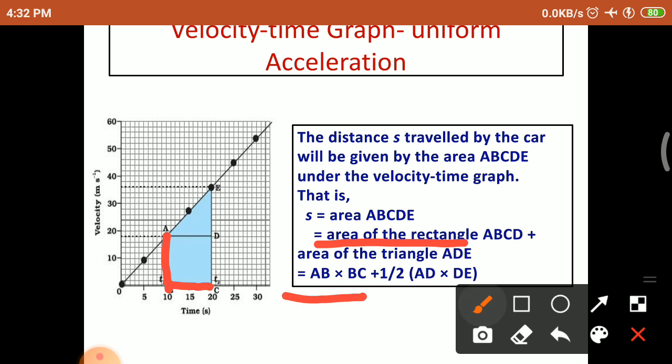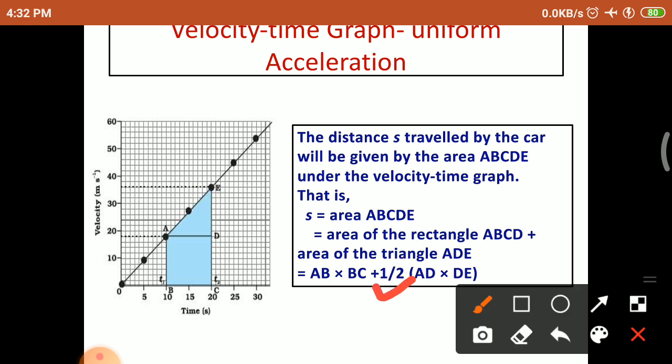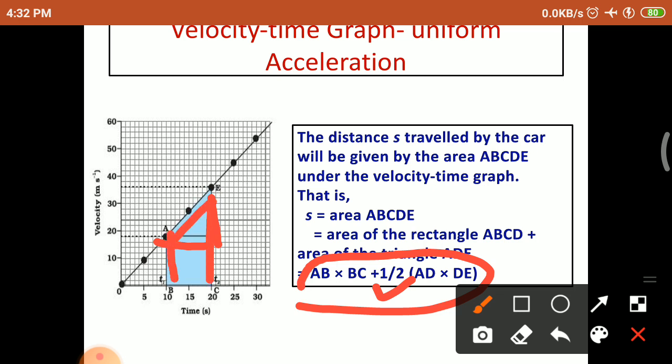And this is a triangle. How to write the area of the triangle? Half into length into height, breadth into height. The breadth is AD and height is DE. So from these values, we can calculate the distance traveled by this object, from the area of the rectangle and the area of the triangle.